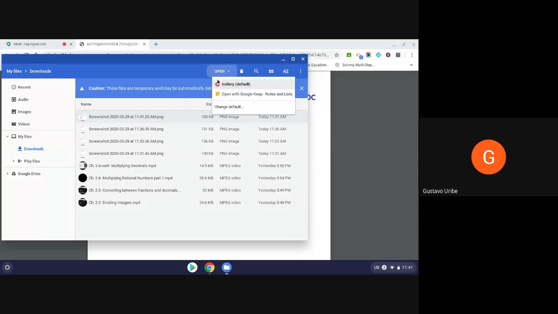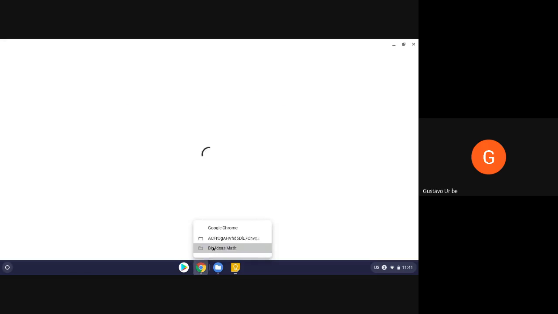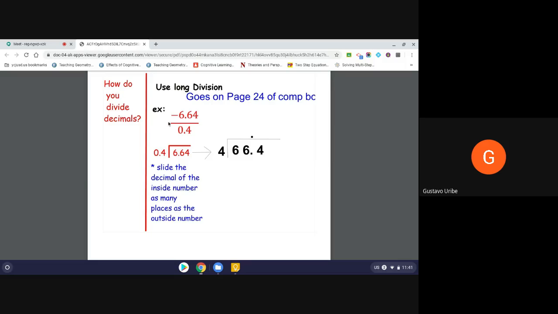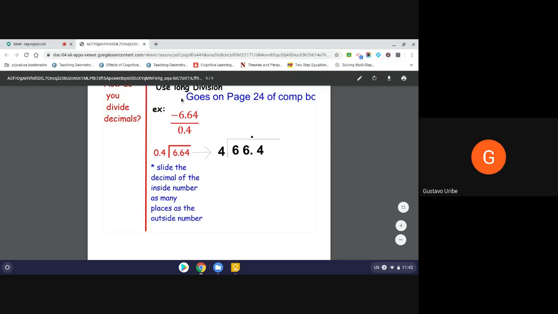So, for dividing decimals, the same rules apply in terms of your multiplication rules, where same signs are going to give us positive, different signs are going to give us negative. So this is a negative, and this one is a positive. Because they are different signs, I'm going to get a negative quotient.